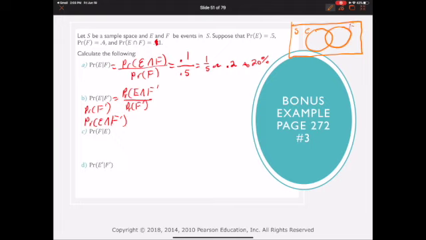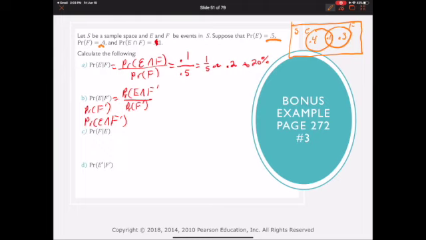Their overlap is 0.1. E has a probability of 0.5, so I'll put 0.4 over here because 0.4 and 0.1 add up to 0.5. I'll put 0.3 over here, so all of F has a probability of 0.4.